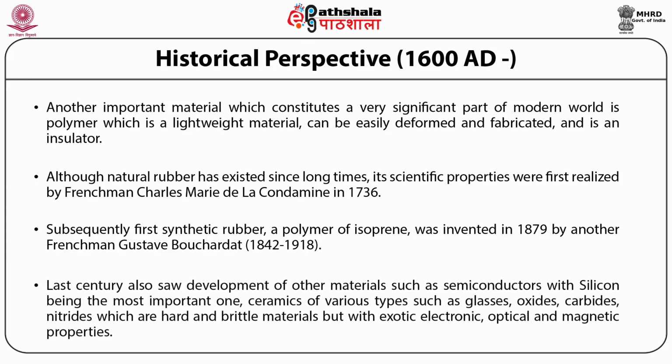The last century also saw the development of other materials such as semiconductors, with silicon being the most important one. Ceramics of various types, such as glasses, oxides, carbides, nitrides, are hard and brittle materials but with exotic electronic, optical, and magnetic properties.